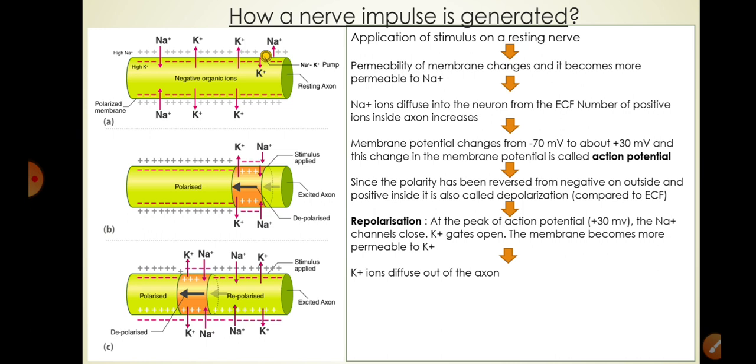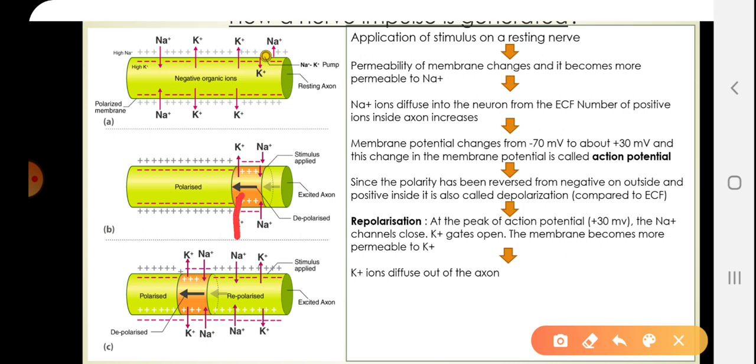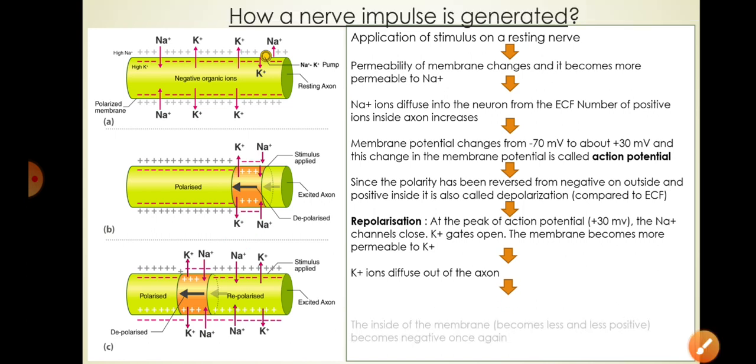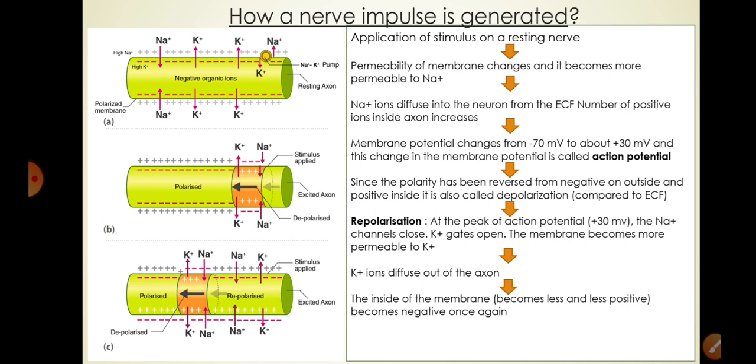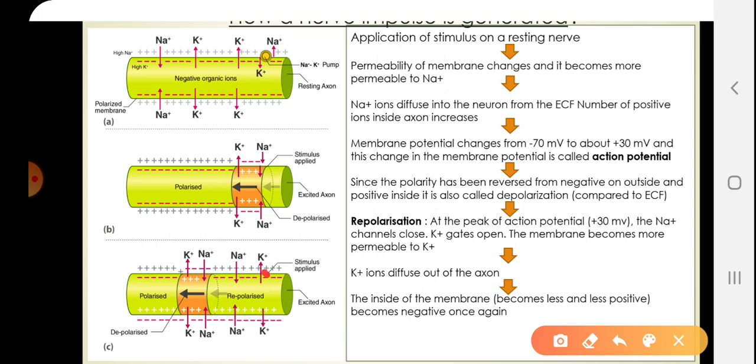These K plus ions diffuse outside the cell. They are coming outside of the neuronal cell. Then the inside of the membrane becomes less positive, becomes negative once again. Now in the same portion, you can see the membrane is coming back to its original charge once again.